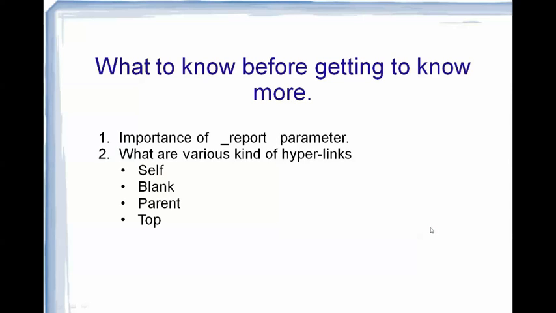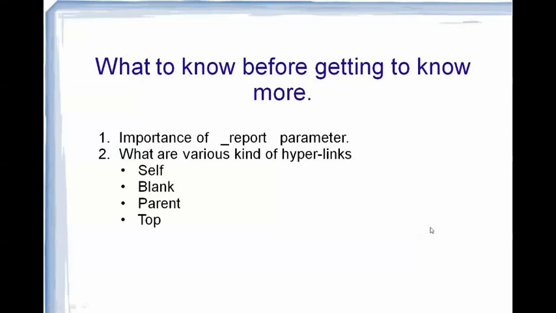So, moving on to what we should know before getting into the development. First of all is the underscore report parameter. Now, the underscore report parameter is the parameter which is responsible for linking the two reports. In Jasper Reports, we achieve the linking using hyperlinks.